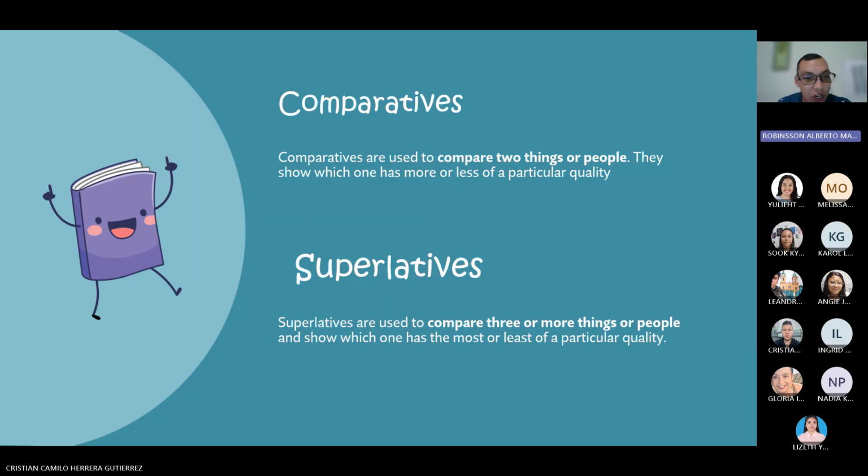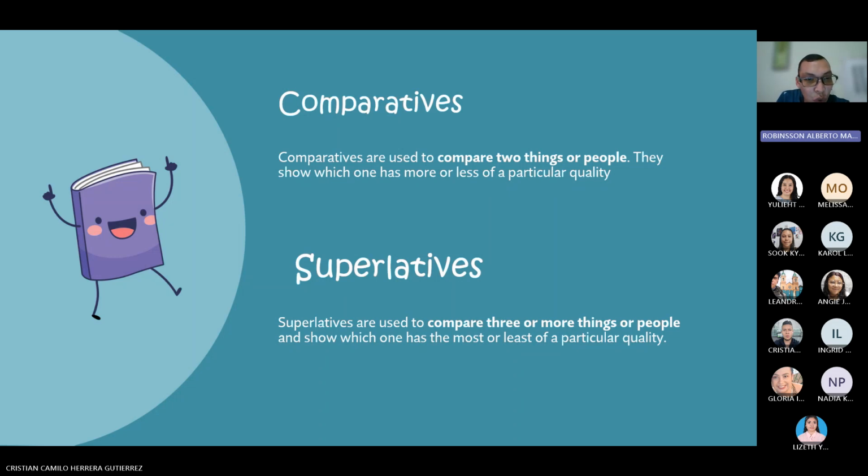Okay, comparatives. Comparatives are used to compare two things or people. Comparatives are used to compare two things or people. Okay, very good. Now, continue.